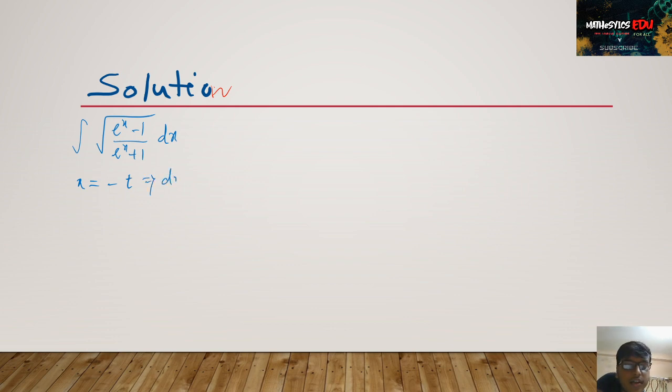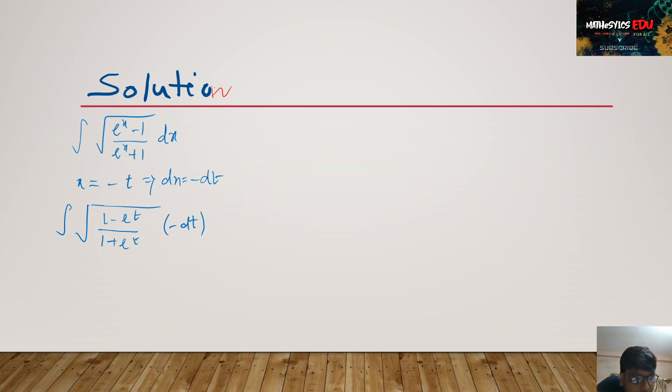That will yield dx equal to minus dt, right? Now this will yield 1 minus e to the power t by 1 plus e to the power t, times minus dt, because in the denominator, e to the power t and e to the power t will get cancelled. You can understand, I hope.